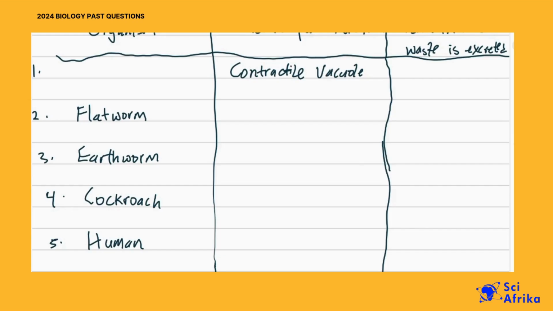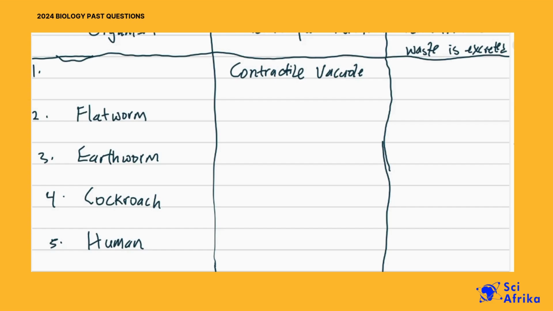Organisms that use contractile vacuole for excretion are usually those that have one cell. Unicellular organisms use contractile vacuole for excretion. Human beings don't use contractile vacuole. At the same time, cockroaches don't use contractile vacuole because they are multicellular.